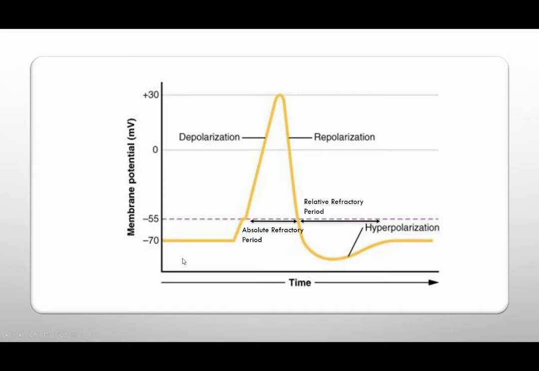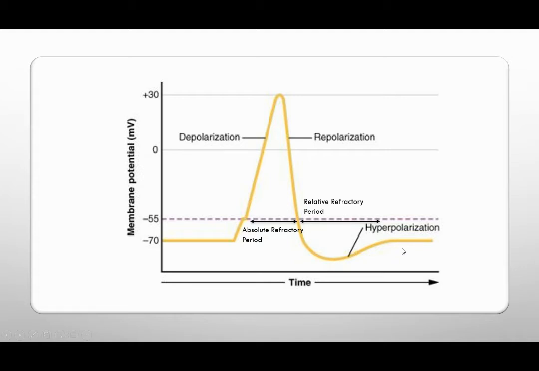Potassium is still flowing out of the cell, and because our membrane potential is now hyperpolarized, we need a stronger stimulus in order to bring us back to excitation threshold. And it is at this phase that we can derive some useful information about the stimulus strength. If the stimulus is strong enough to overcome the hyperpolarization phase, that is a strong stimulus.